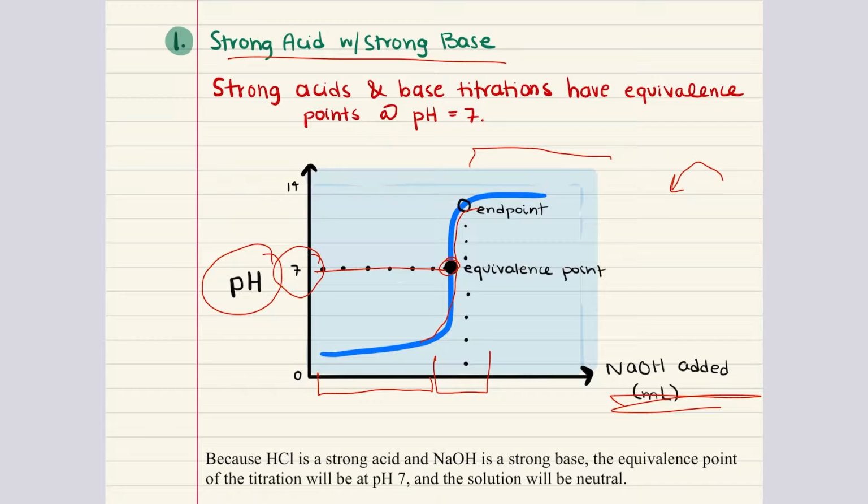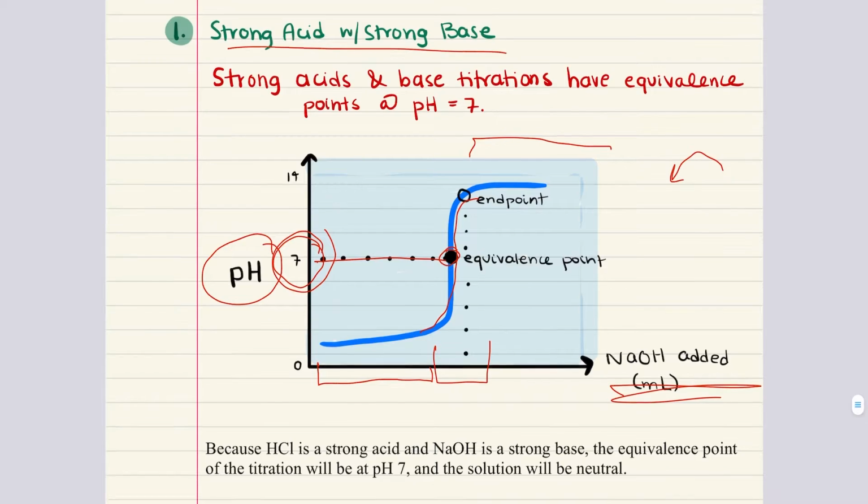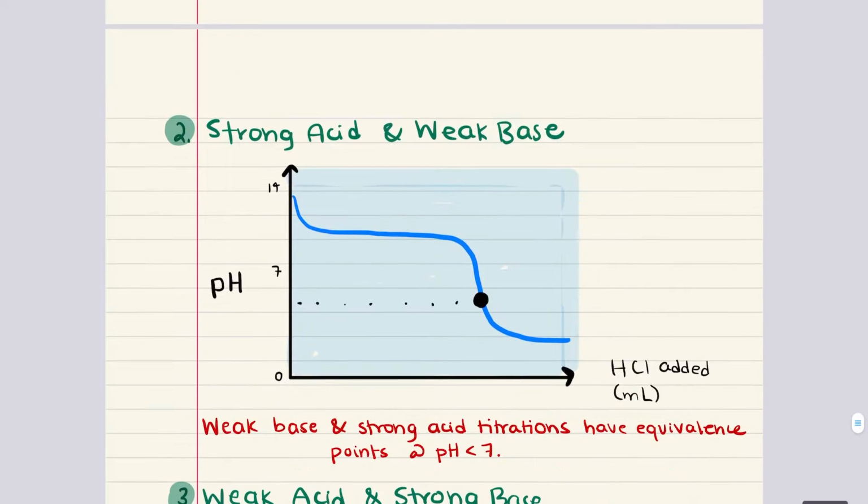In this region, adding more sodium hydroxide does not significantly alter the pH because the solution already contains a high concentration of hydroxide ions. So again, the equivalence point for a strong acid with a strong base solution is going to be at a pH equal to 7. Let's cover a strong acid with a weak base next.